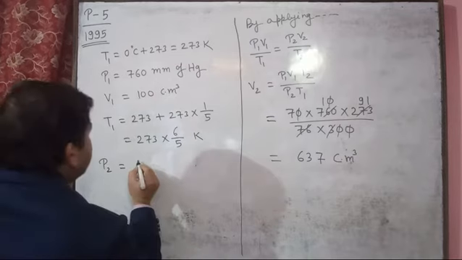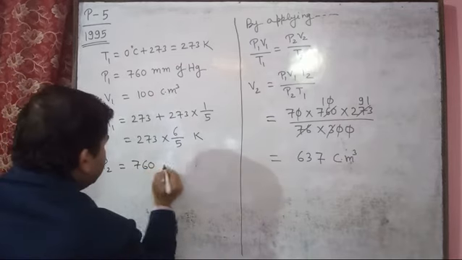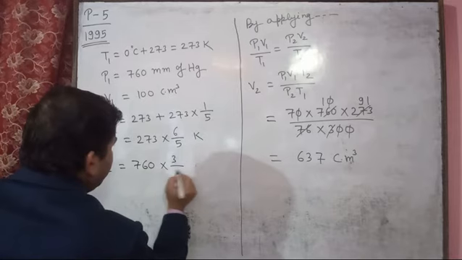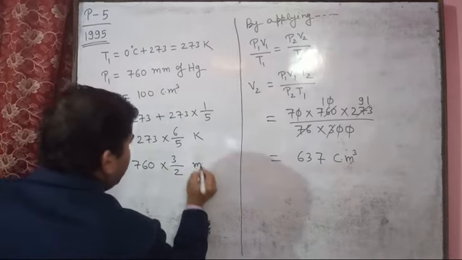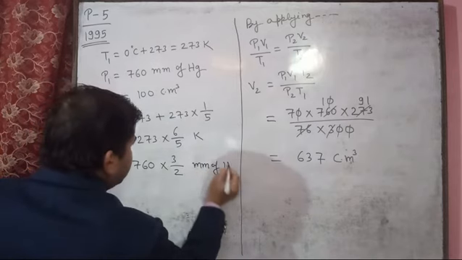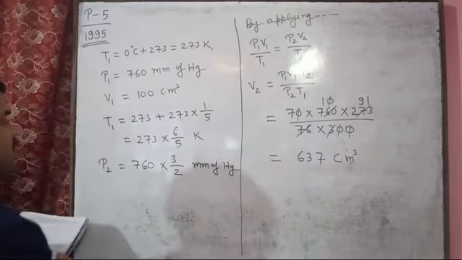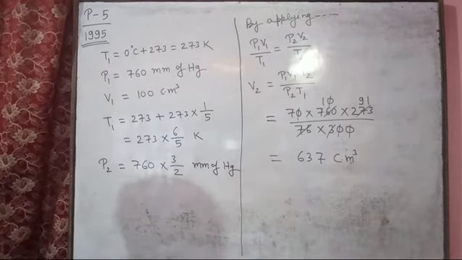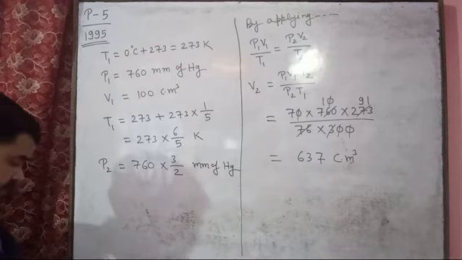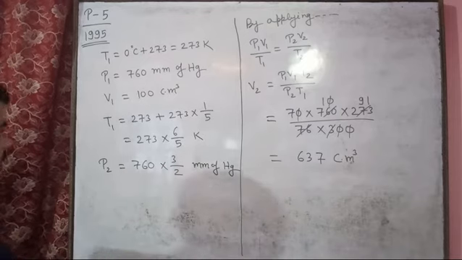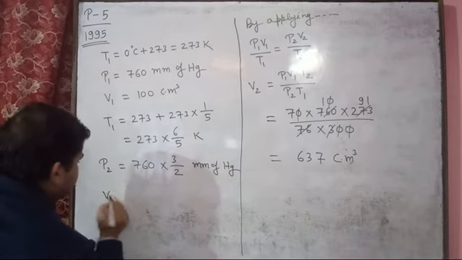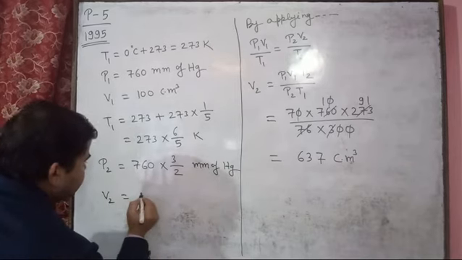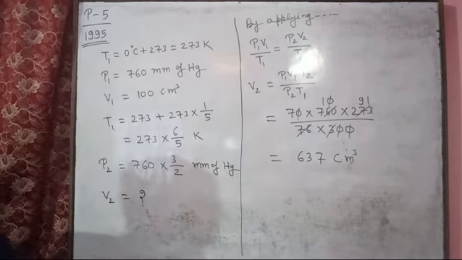So pressure is 760 into 3 by 2, given in mm of Hg. And after this, in this question, calculate the volume of the gas. So volume of the gas means V2, we have to determine.